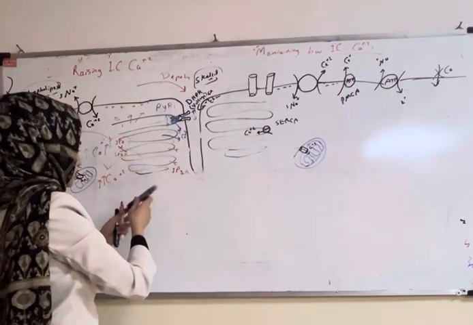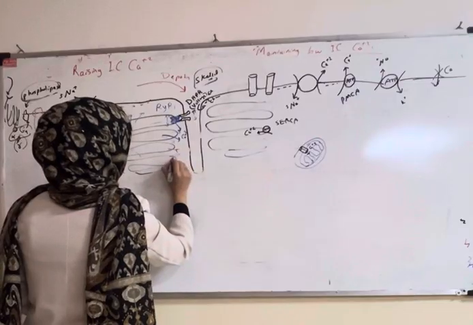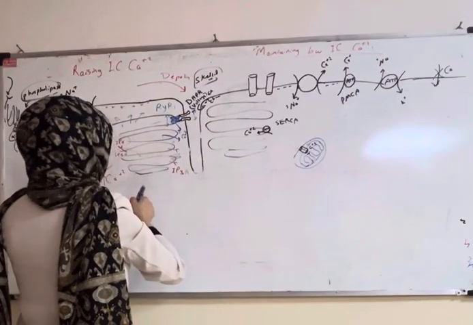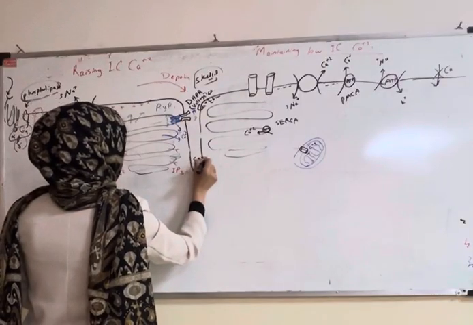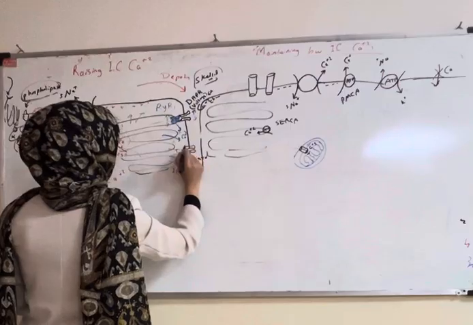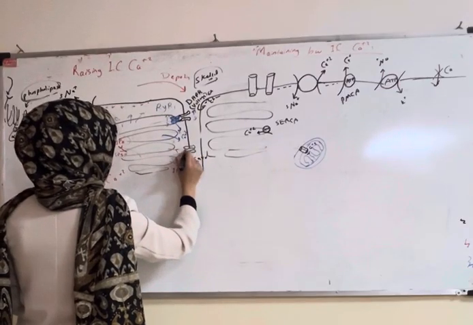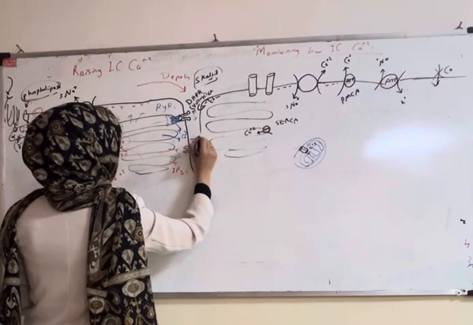In the cardiac cell, the ryanodine receptor is not physically coupled to the dihydropyridine receptor or voltage-gated calcium channel.